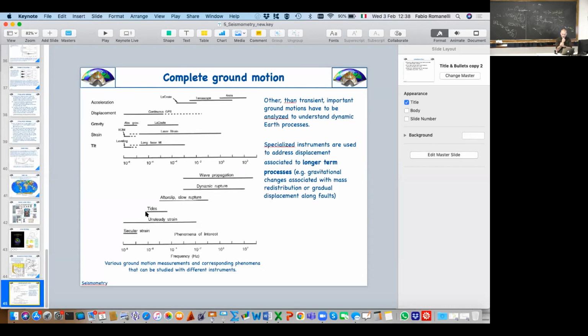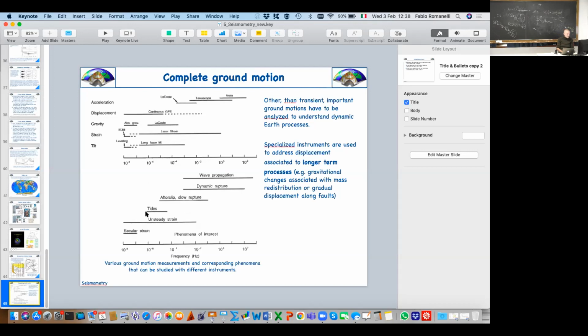Okay, so it's the end of this, I hope, relatively nice trip around very different concepts. I've been using the idea of the history of seismometry, but to recap again the concept of a harmonic damped forced oscillator, because we are going to rediscuss it on Monday using a spring and a dashpot, but for a totally different definition.